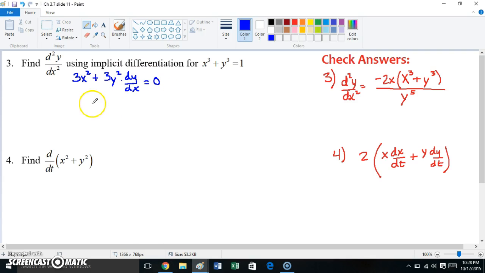Derivative of 1 is 0. Isolating 3y squared dy dx is equal to negative 3x squared. Reducing the factor of 3 and dividing, dy dx is equal to negative x squared over y squared.